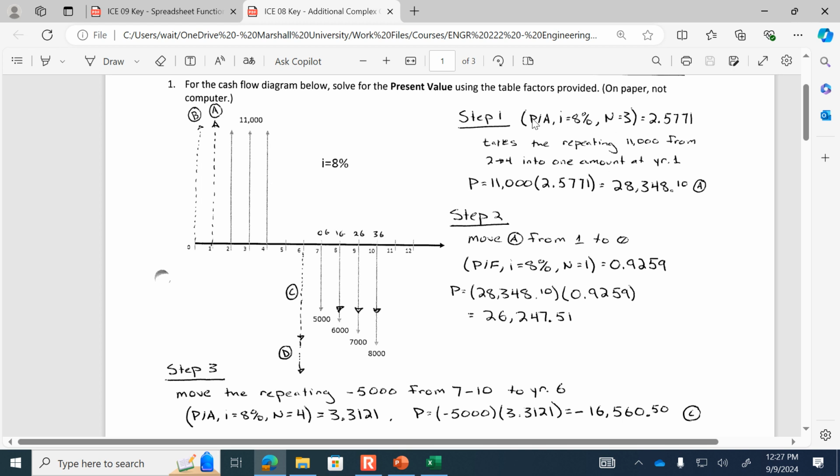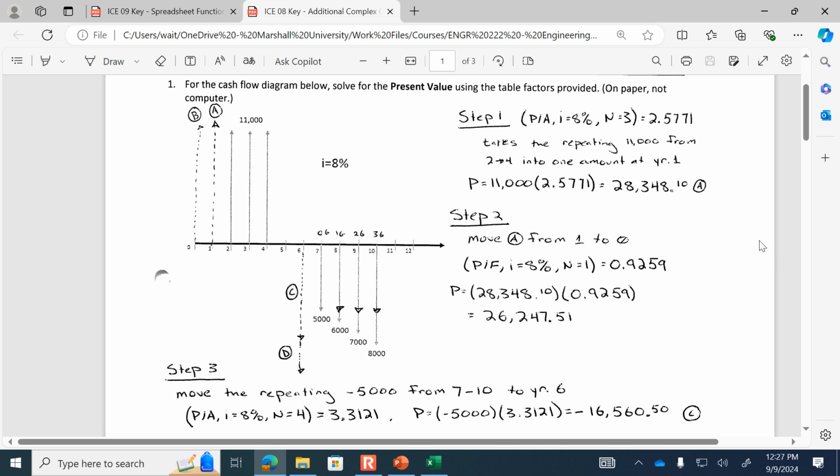So my first step was to take the repeating 11,000 from years 2 through 4 into a single amount at year 1. Should be 28,348 and 10 cents. I'll round off at the very end. So for now, I'm ignoring the fact that I only have 5 digits of precision. So I'll leave this as though it was more precise, and then at the end I'll round off.